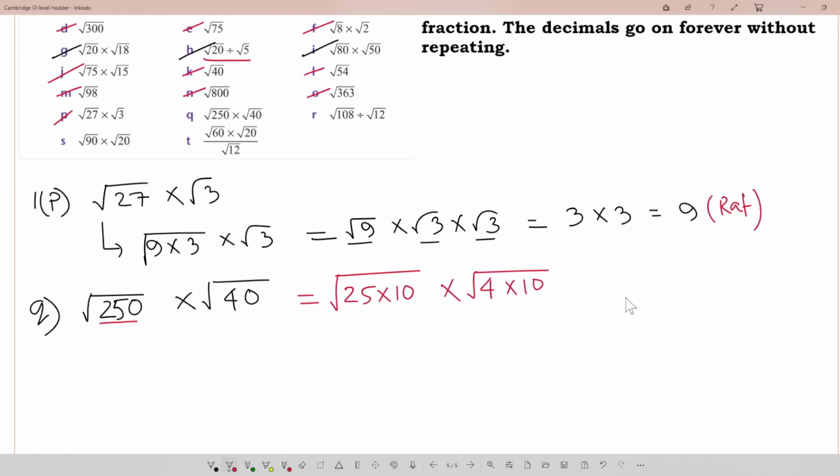Okay, so here root 25 times 10 times root 4 times root 10.